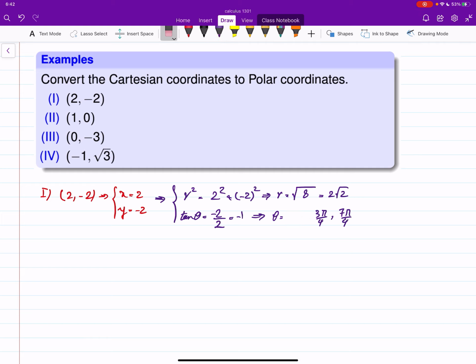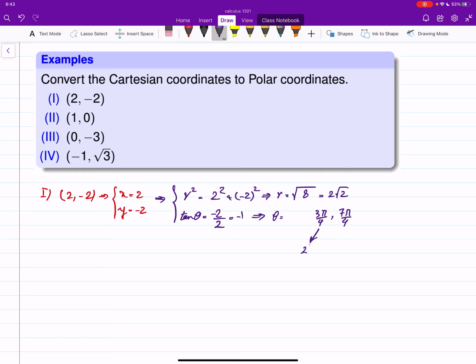But if this is the theta, this will go to the second quadrant, yes? This guy will go to the third quadrant. What is our coordinate in the Cartesian? This is x positive, y negative.